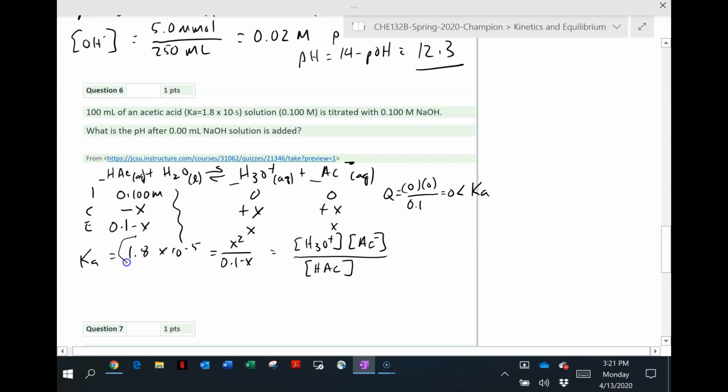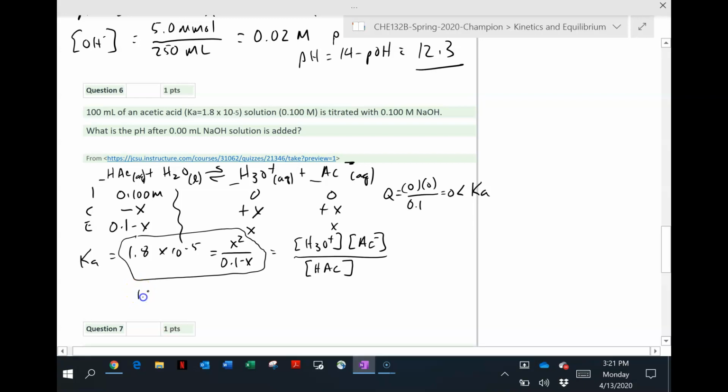So we wind up with this little mathematical equation here to solve, and that would give us a quadratic equation. But remember that if the initial concentration is high enough and the Ka is low enough, such that the value of the initial concentration over Ka is bigger than 100, we can make a simplifying approximation.